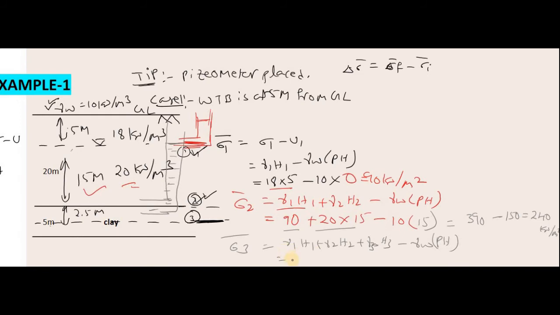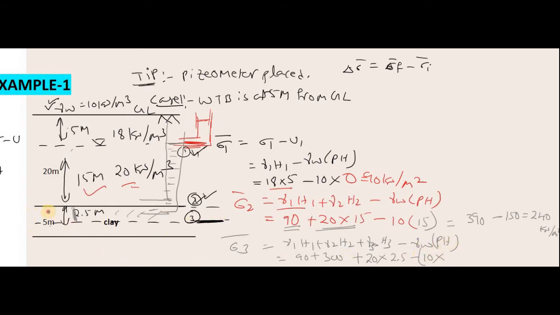That is 90 plus 300 plus gamma 3, which is 20, into H3, which is 2.5, minus gamma W, 10, into pressure head.